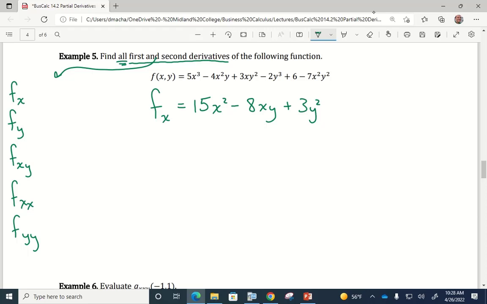I'm going to skip the minus 2y cubed, because if I pretend that y is a constant, then that whole term is a constant. 6 is a constant, so I ignore that, and I have minus 14xy squared.